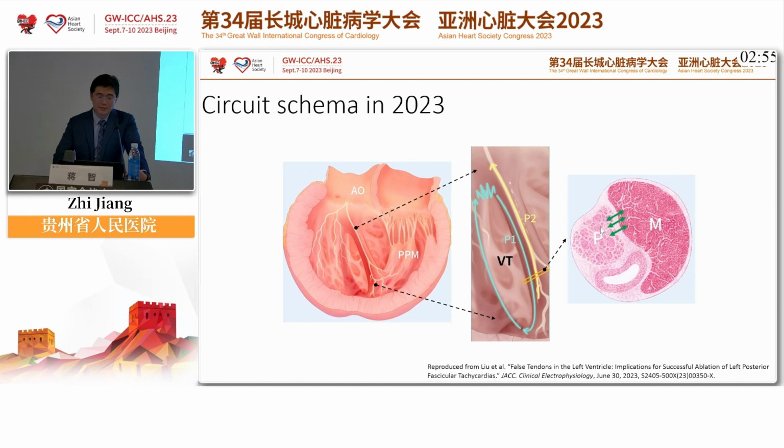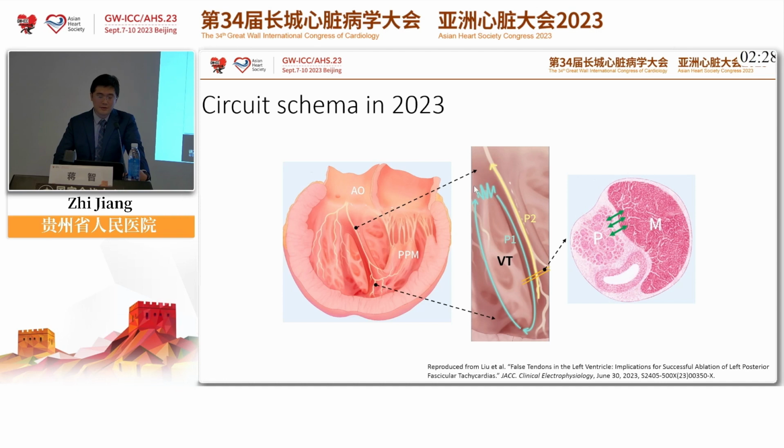The activation could be conducted between the P1 and the P2, and then the ventricular myocardium serves as the retrograde limb, and there is still the slow conduction zone at the proximal attachment of the false tendon.